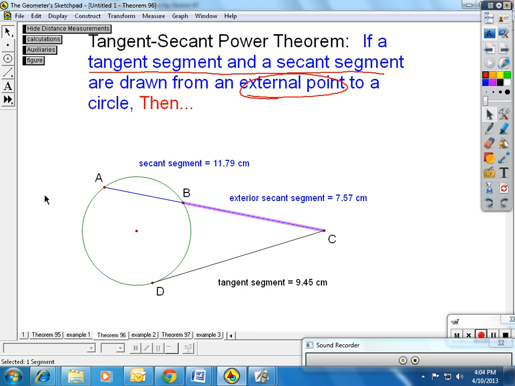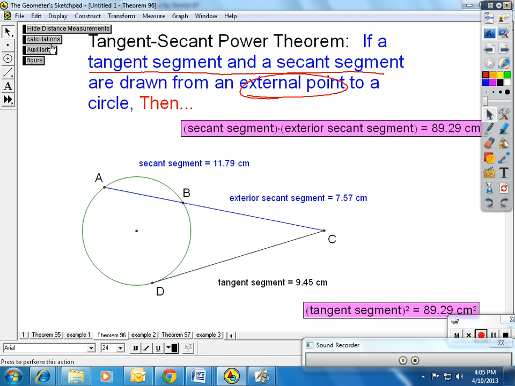And then we have the tangent segment, which is this, tangent segment. So there are 3 parts of this figure that we want to understand its distances. We want to understand the entire secant segment length. Then we will look at the exterior secant segment. And finally, the tangent segment.